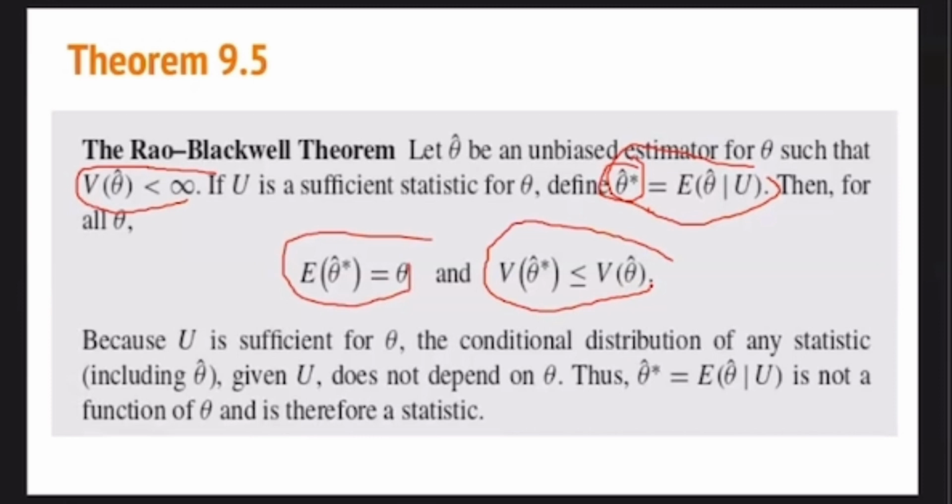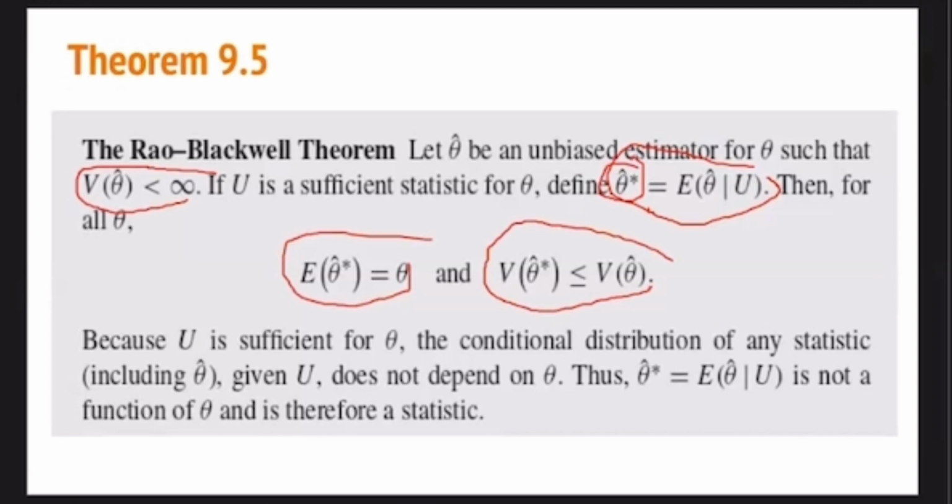Now, if this happens, Rao-Blackwell says you've been able to derive, using the idea of your sufficient statistic, an estimator that is unbiased and has minimum variance. That is where we can conclude.